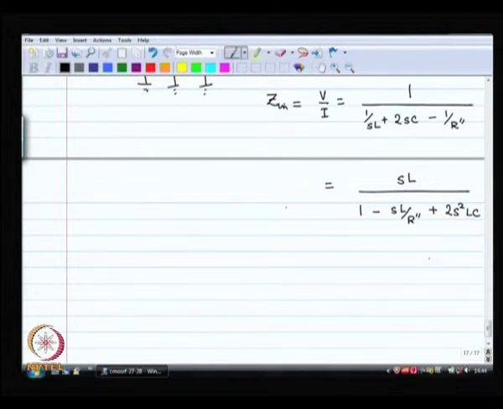So, you have got a 0 at S equal to 0, which is okay, but you have got 2 poles in this system, and it is not difficult to see that the two poles are going to be on the right half plane. Right, that is where the two poles are.